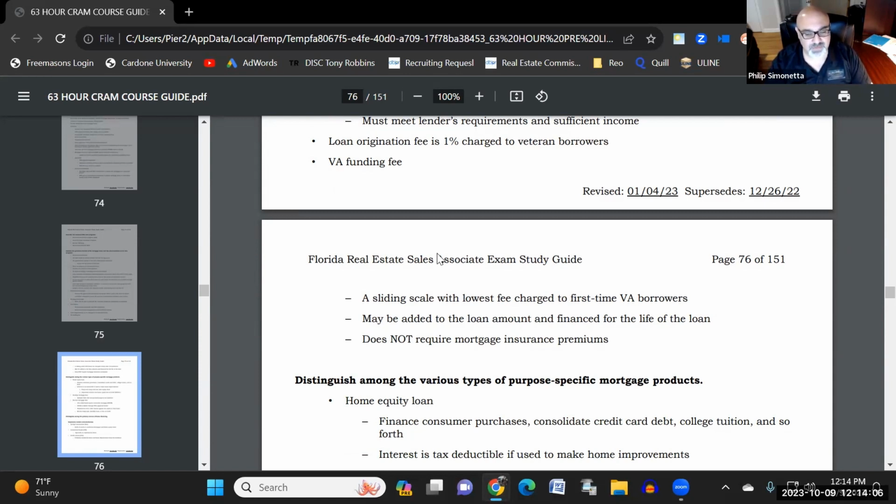The second time you use it, the third time, the fourth time, that fee goes a little higher. And that fee and those expenses may be added to the loan and financed for the life of the loan. So you can get 100% financing and add those fees in if you choose to. And again, this does not require mortgage insurance. So even though they're borrowing more than 80%, they do not require mortgage insurance.